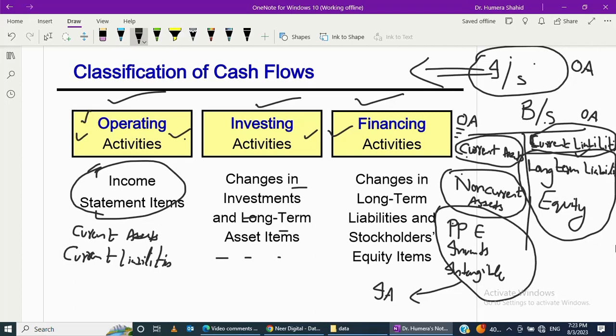You give dividends, money goes from your hand because of the equity holders. You pay back the bonds payable, so you pay the money to the finance holder. So these things, long-term liabilities and equity, help you in preparing the third section of the cash flow statement, which is known as financing activities. So you will be looking into the long-term liabilities and stockholder equity section.